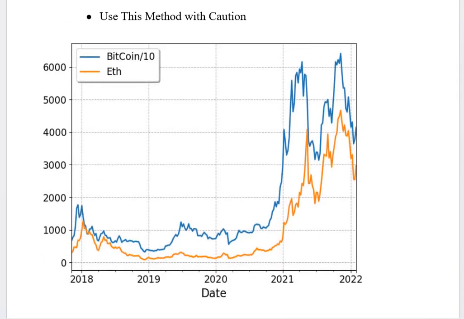Let's look at the figure to examine how accurate this claim really is. In this figure, in a 4-year period, the trend of Bitcoin changes is compared with Ethereum.